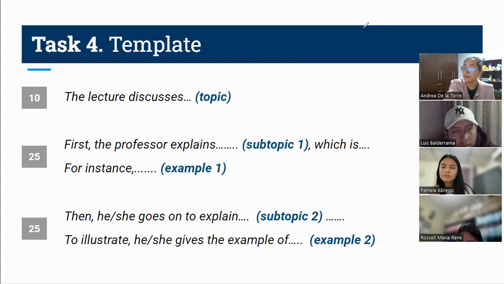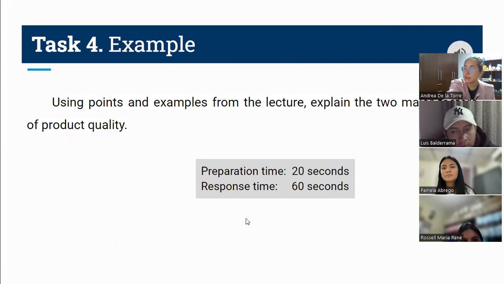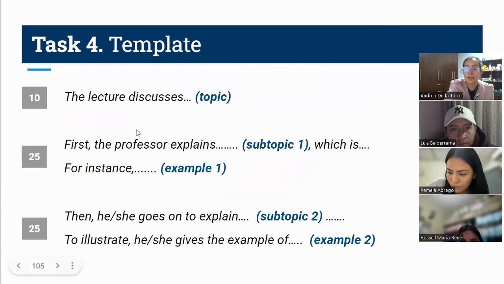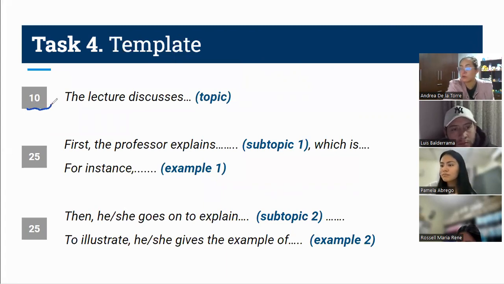In this case, for example, you will say, the lecture discusses, and you read, the two major factors of product quality. You always read the question, okay? The lecture discusses the two major factors of product quality. That's it. That's everything you need to do in your introduction. 10 seconds is more than enough. This is the limit, right? Of course, you can do less than this, but 10 seconds is the limit for your introduction.